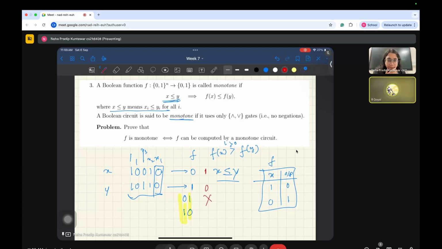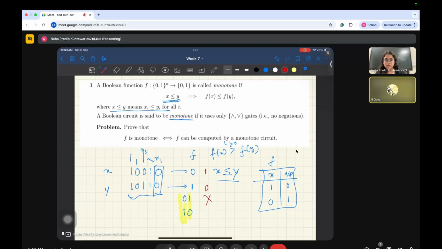In the second column, say for x2, since x is smaller than y, if I apply f of x, this value can become 0, but towards the y side f of y cannot be a 0 because the value of x is 1.